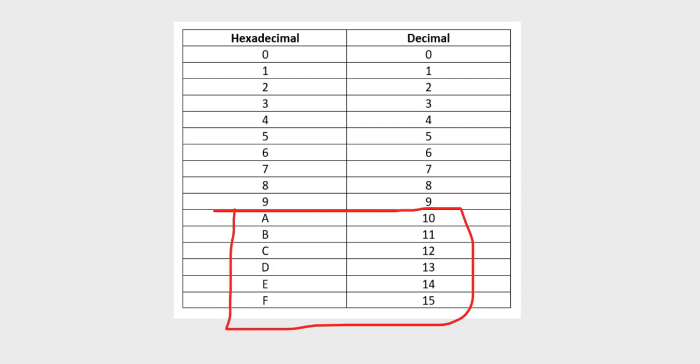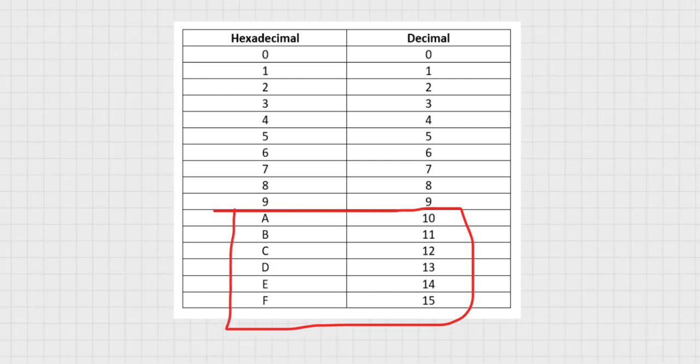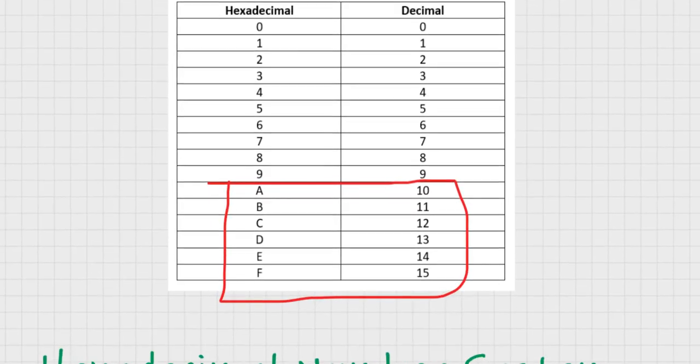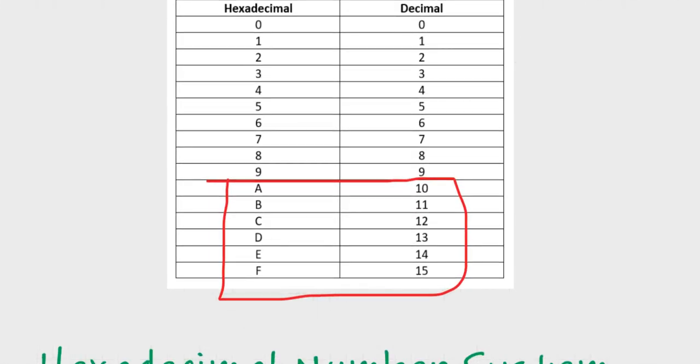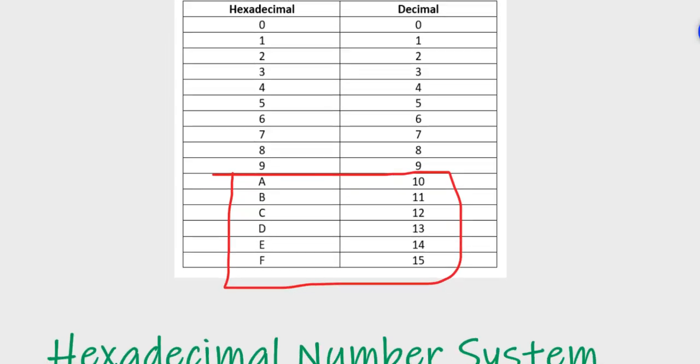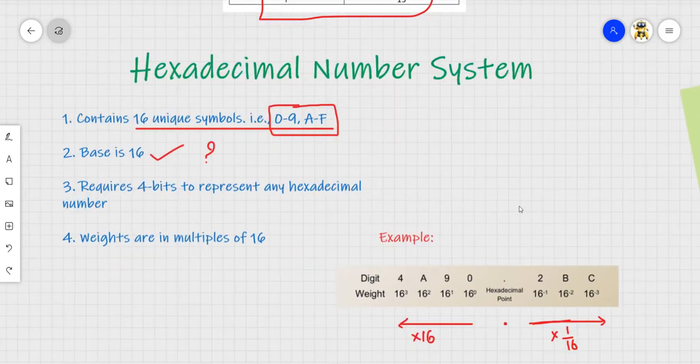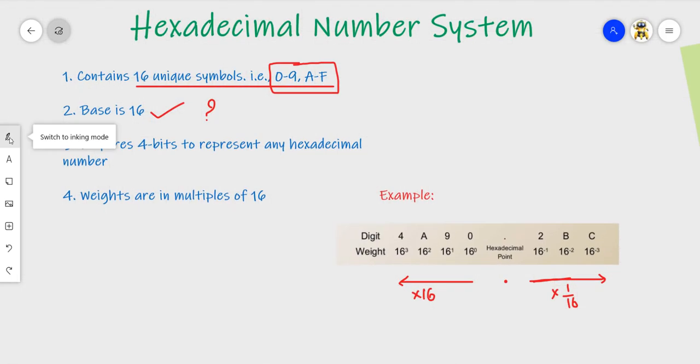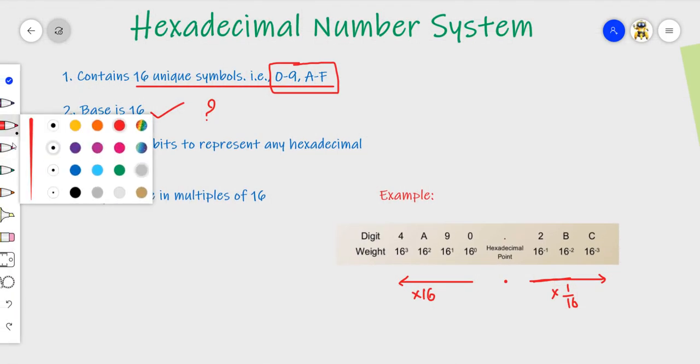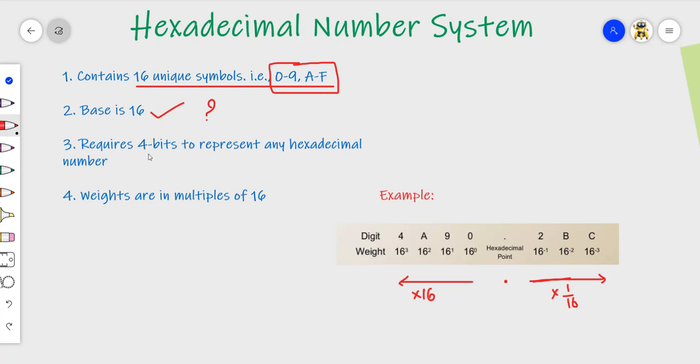Whereas in the octal number system, to represent any octal number, how many bits have you used? Only 3. 3 binary bits are used to represent any octal number. Similarly, it requires 4 bits to represent any hexadecimal symbol.